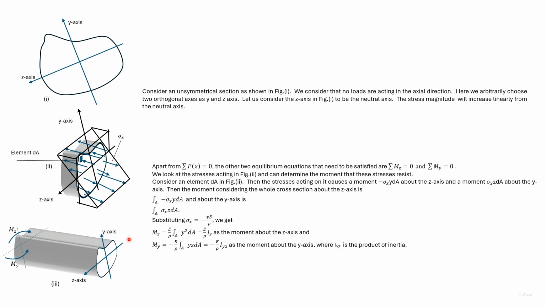So we arbitrarily chose a z-axis as the neutral axis, and we found that the stresses acting would create a moment Mz and My, which are given by this expression. Due to the stresses, these are the internal moments acting on the section.